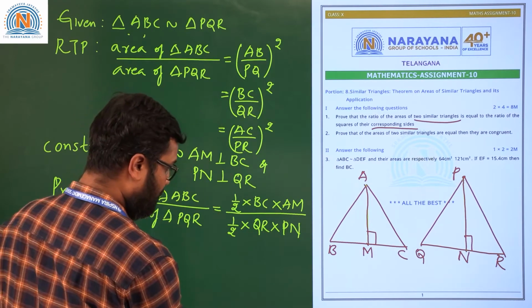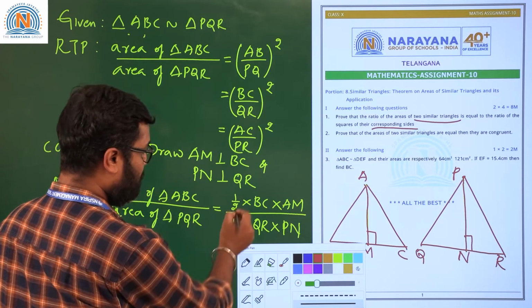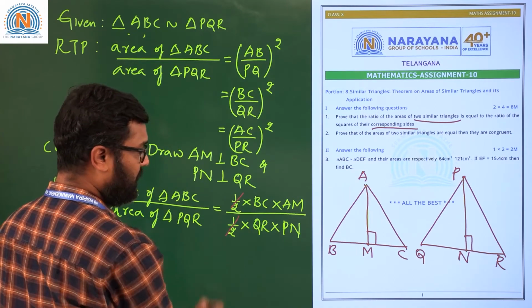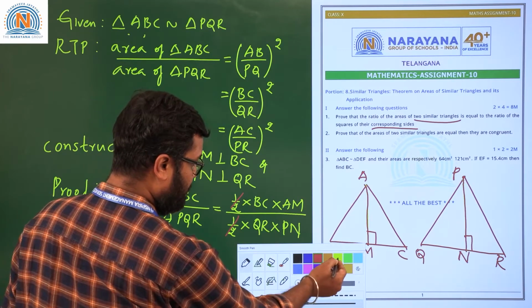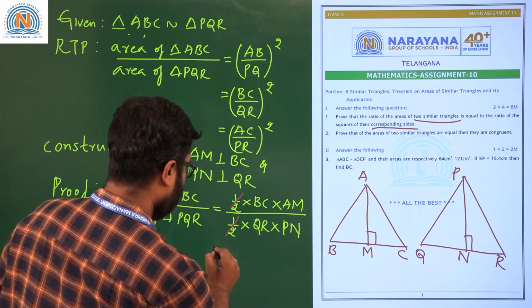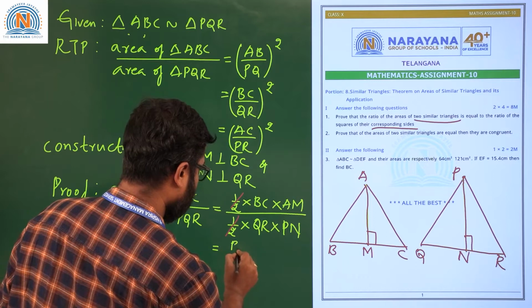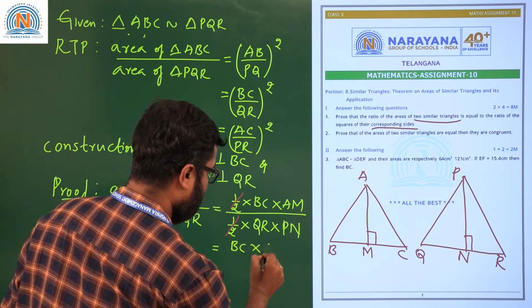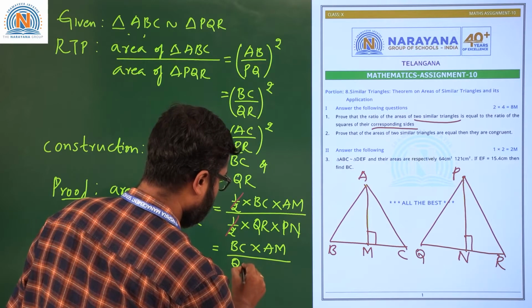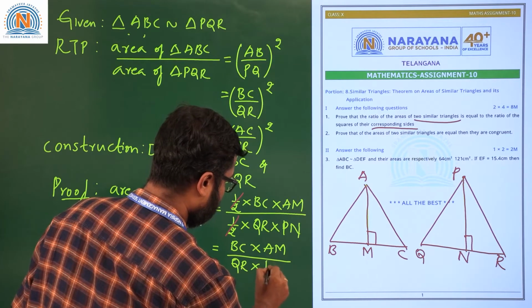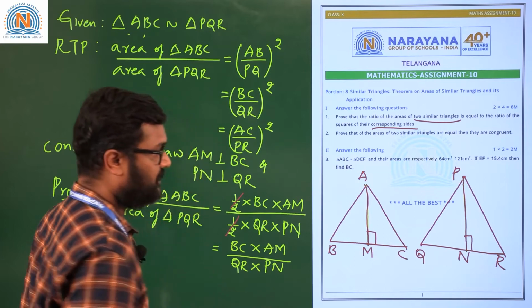Now, if you take this, the half and half get cancelled. What is the remaining, children? BC into AM by QR into PN.